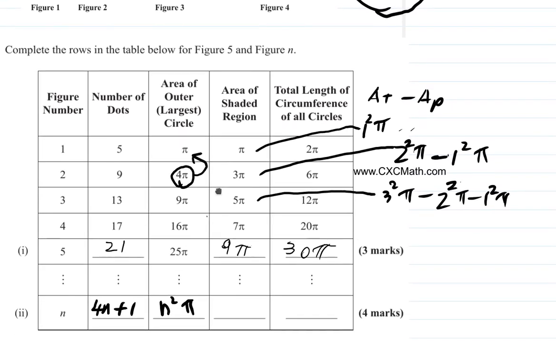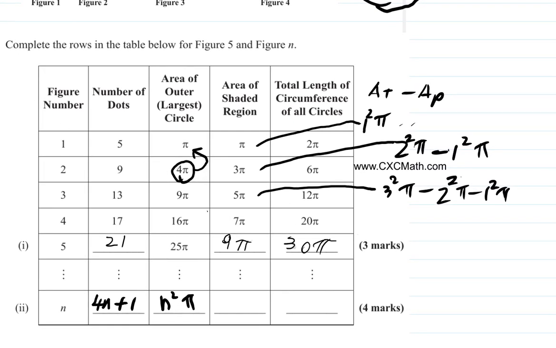For figure 4, what would it have been? It was 4 squared pi minus all of this. 3 squared pi minus 2 squared pi minus 1 squared pi. So it's 16. Oh, no. When we subtracted this, we already got it.